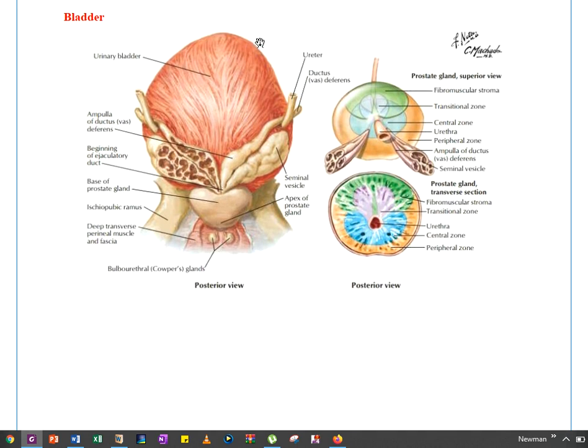So here is another image of urinary bladder. Why this image? This image is showing urinary bladder with its detrusor muscles, but it is also showing its relationship to ureter, vas deferens, seminal vesicles and prostate, as well as pelvic diaphragm.